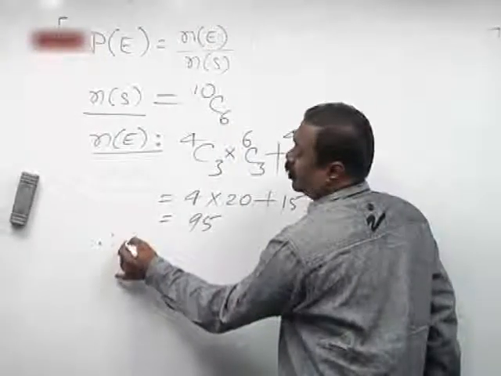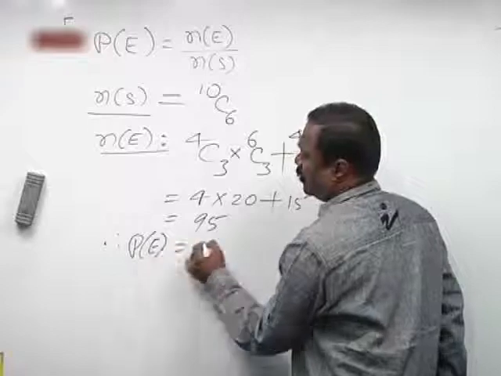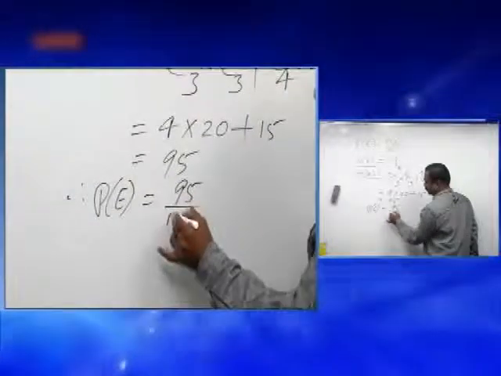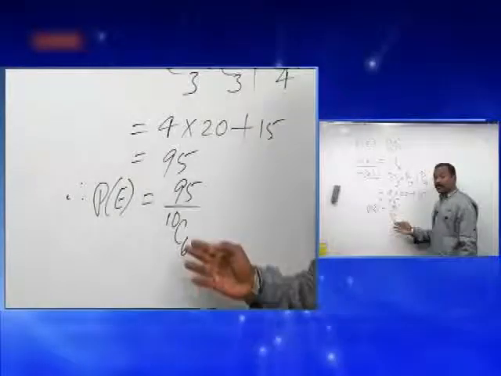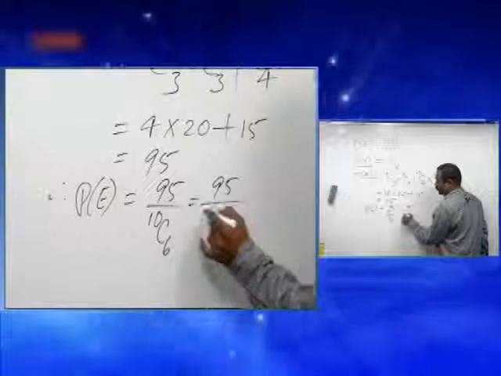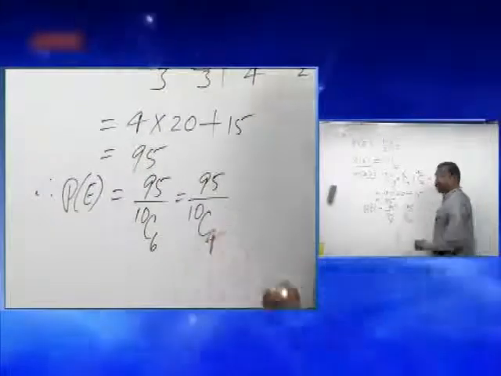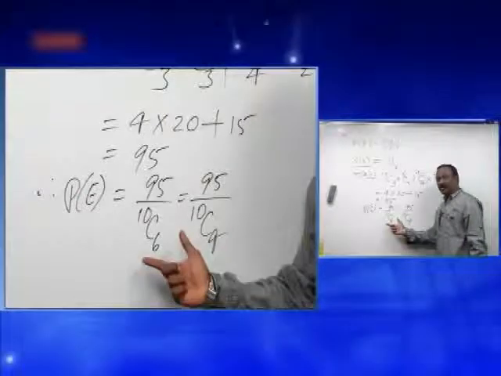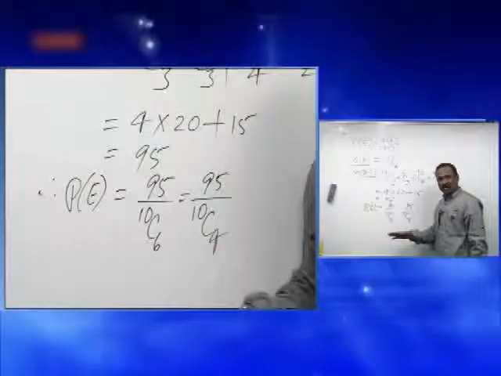Therefore, your required probability is nothing but 95 upon 10C6. For the sake of simplification, you can write it as 10C4 also, because NCR is equal to NC(N minus R). These are the groups. There will be no internal arrangement.